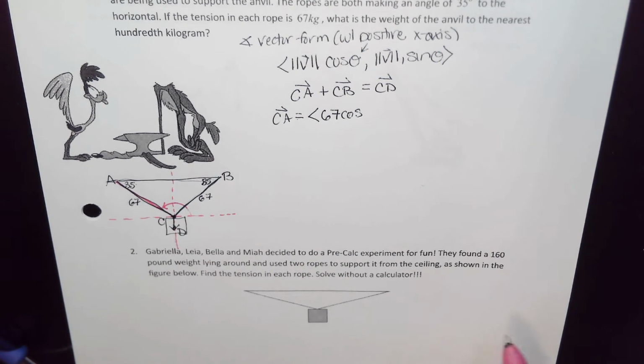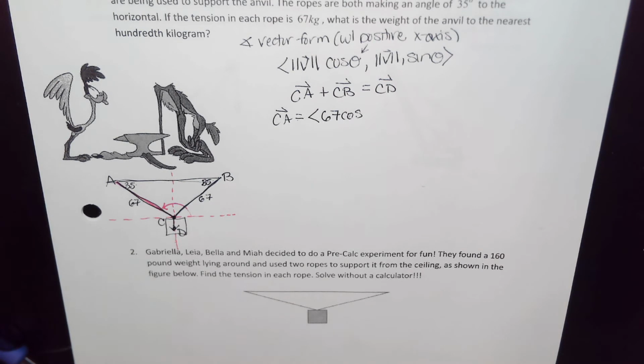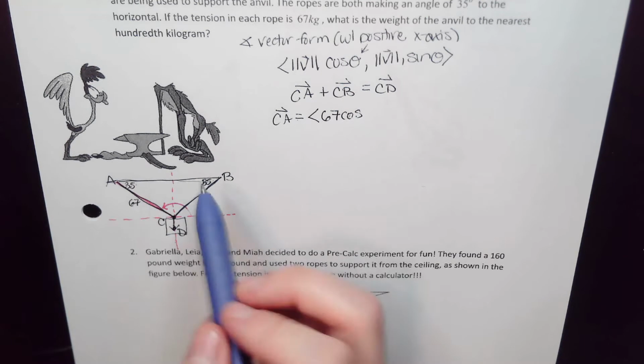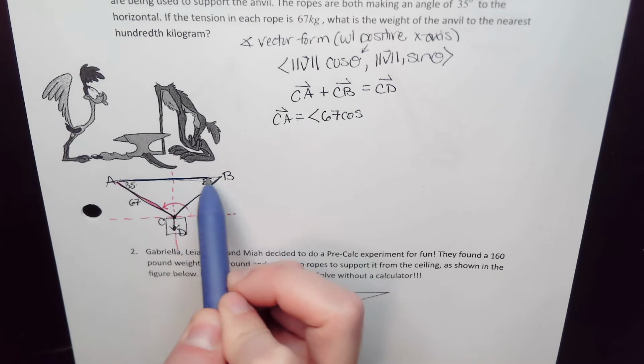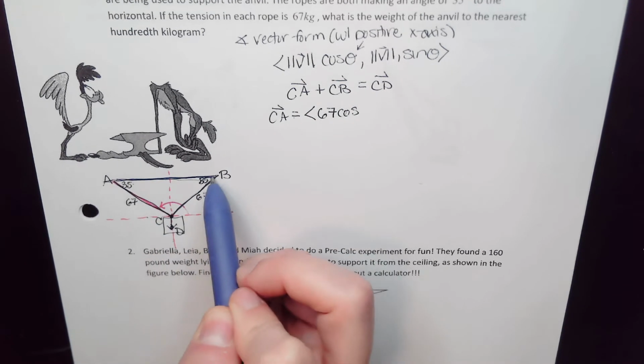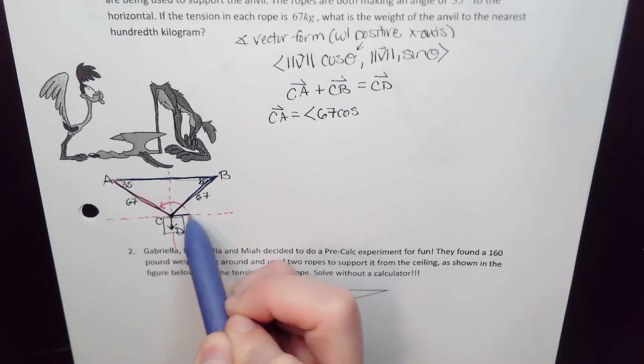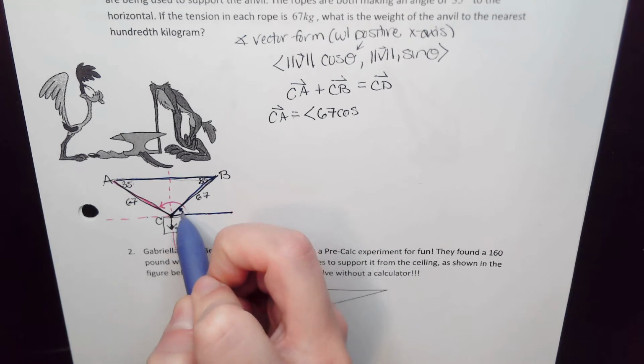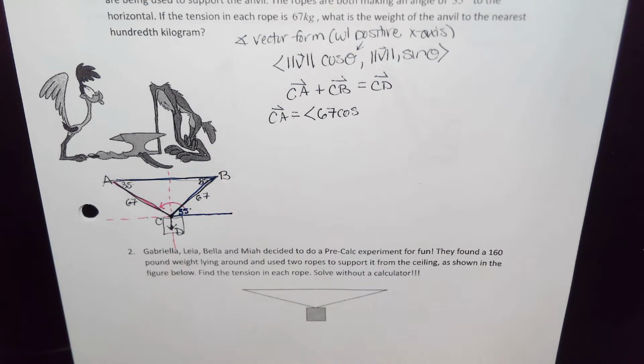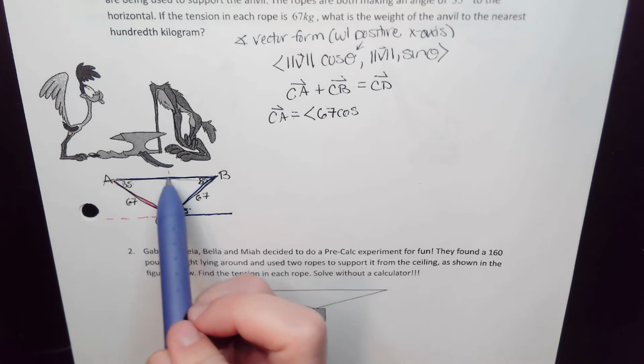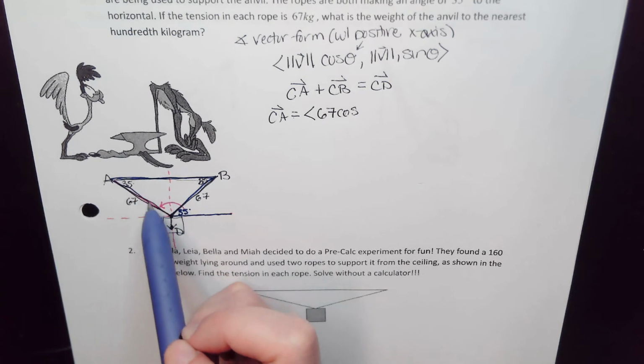Well, we don't know that angle at this point, so what can we find? Well, I know that this angle up here is 35, and this is a horizontal line, as is the positive x-axis, so then you can look for your Z. And so I know now this little angle right here is 35. I also know over here I have another Z with those same two horizontals.